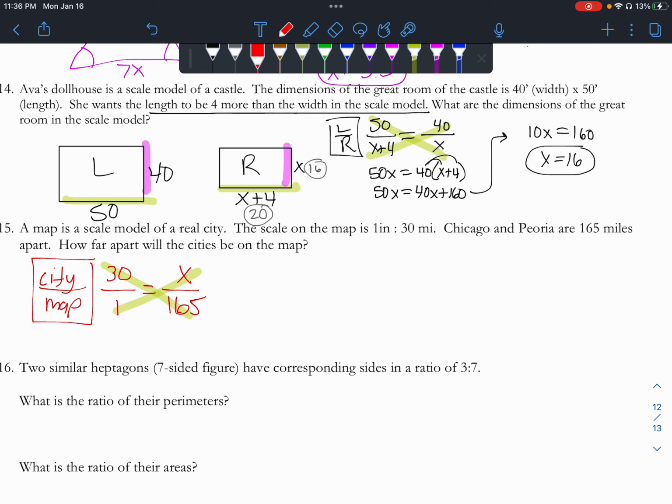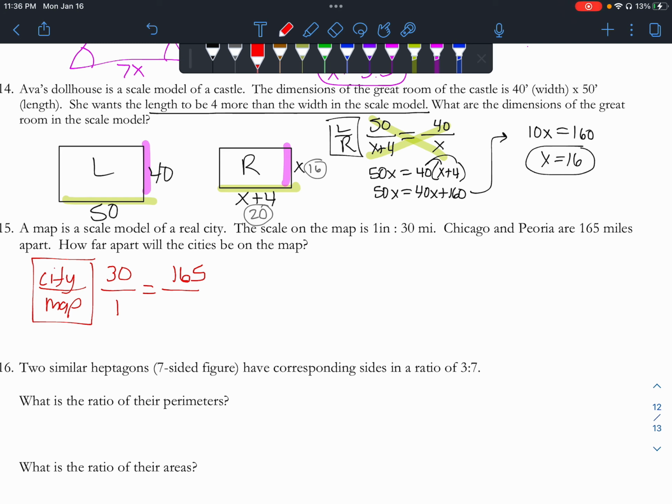I think actually, now that I looked at it, I put those in the wrong places. These x's should be in the opposite places. That was my fault. So again, the reason for that, the miles is part of the real life scenario or the cities that we're looking at. So that should be 165 at the top.